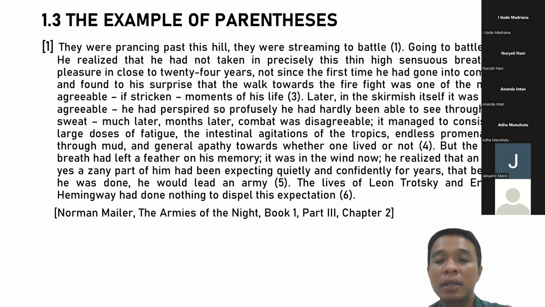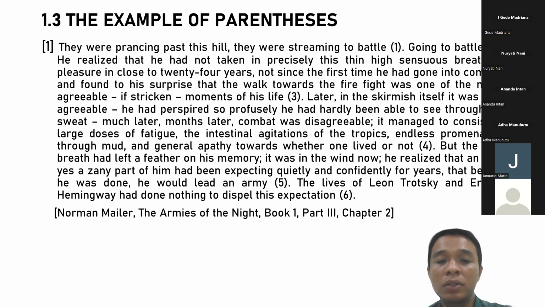Later, in the skirmish itself, it was less agreeable. He had perspired so profusely he had hardly been able to see through his sweat. Much later, months later, combat was disagreeable.